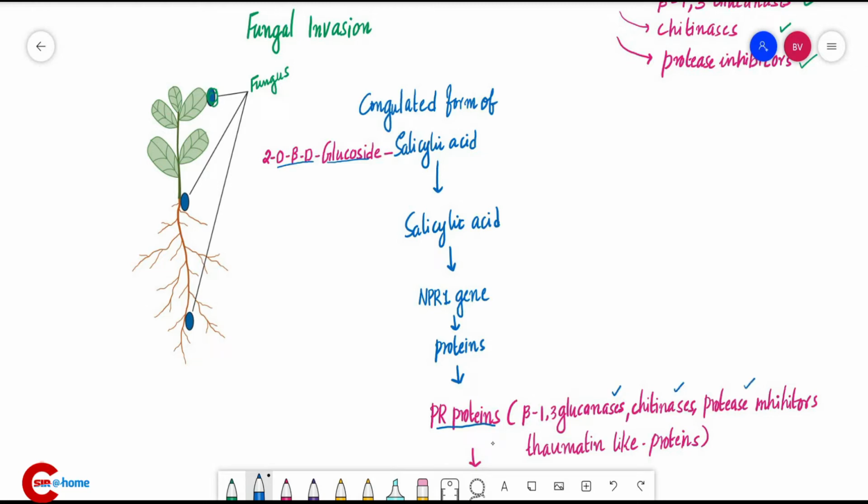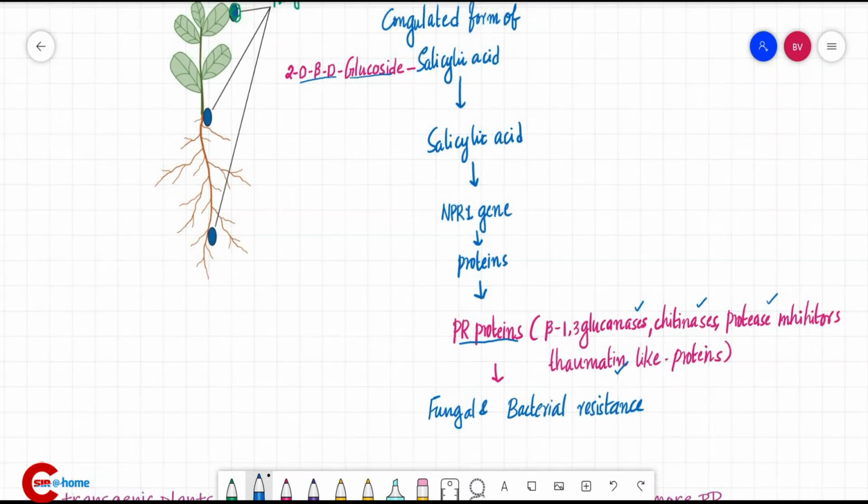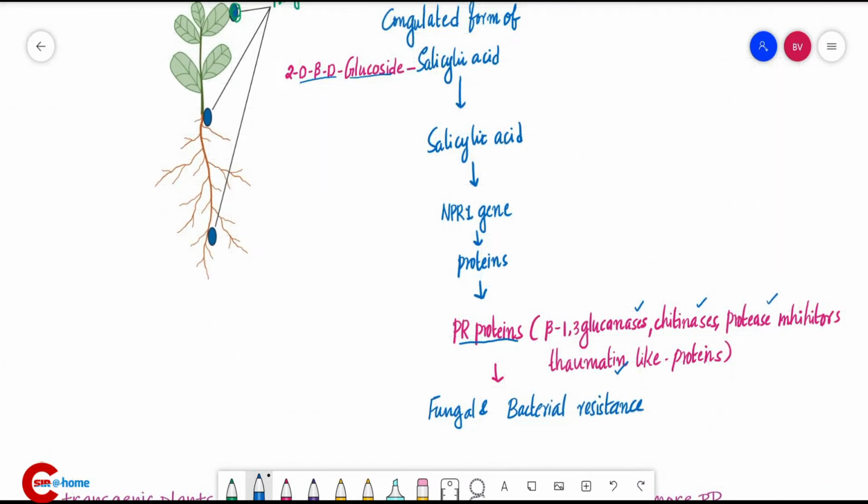These proteins include beta glucanases, chitinases, then protease inhibitors and thaumatin-like proteins. These are enzymes and this will help the plant to fight the fungal infection. This is pathogenesis related proteins, PR proteins.